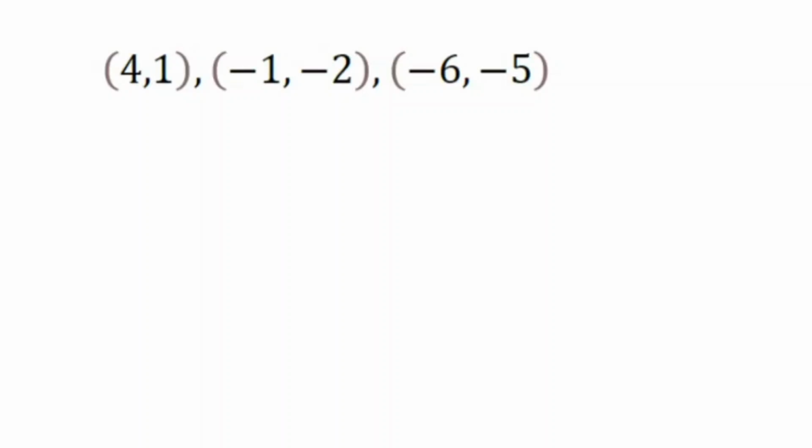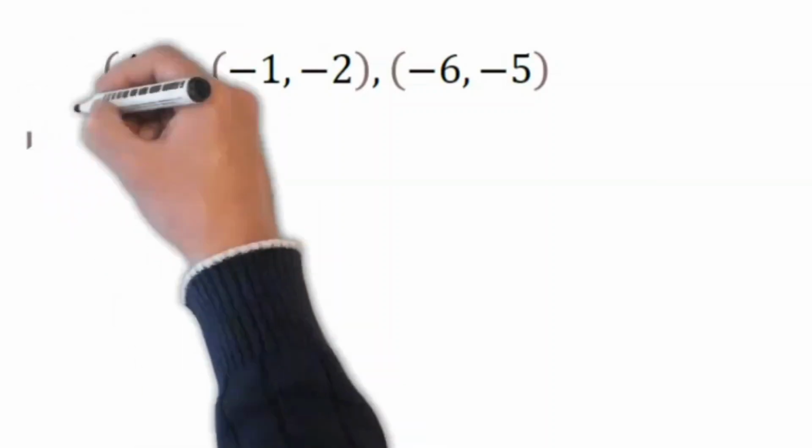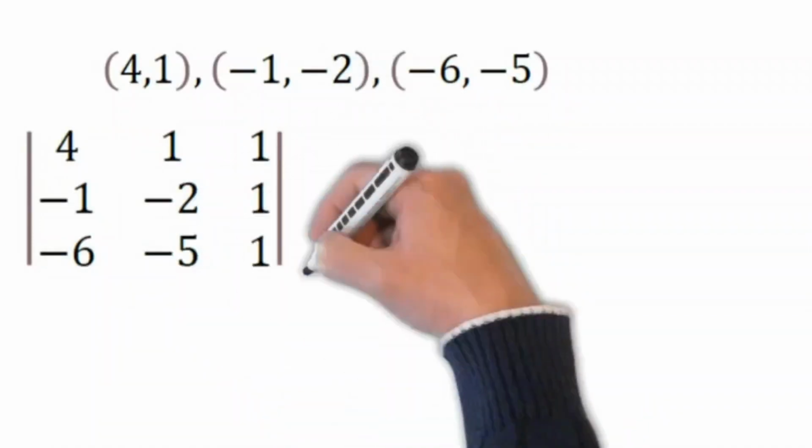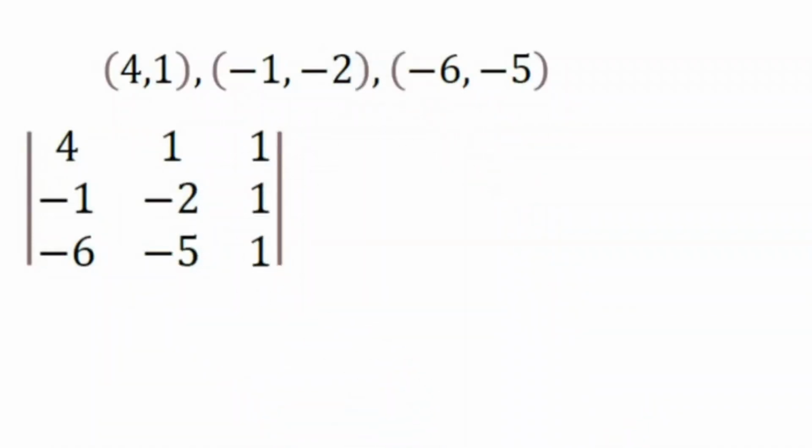Let's say 4, 1 is x1 and y1, -1 and -2 is x2 and y2, and -6 and -5 are x3 and y3. It does not matter which gets labeled as which. Then copy all the points to the formula. The third column of this matrix is all ones and everything else goes in order.